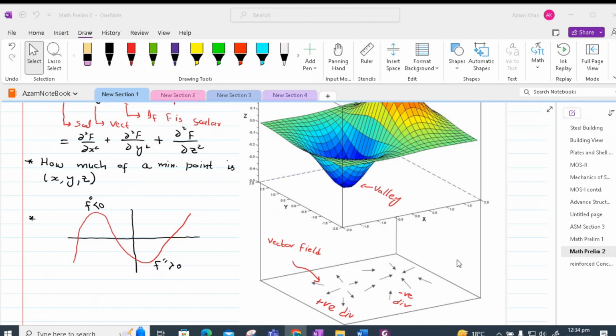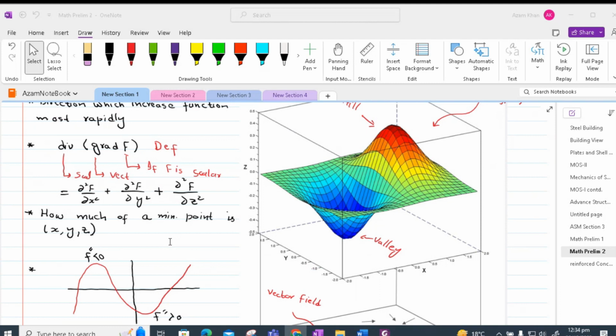And that is comparable with our case where the divergence is negative under the peak and positive under the valley. Thus, Laplacian tells us how much is the maximum dimension of a minima.